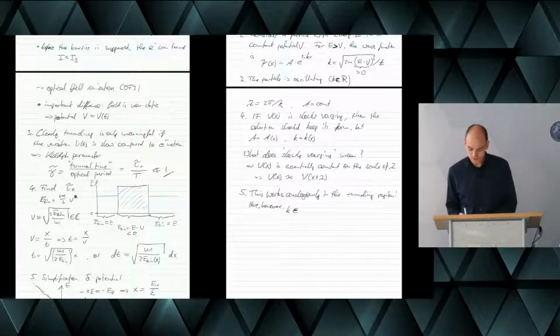K is a complex number, and then we'll actually use kappa instead.